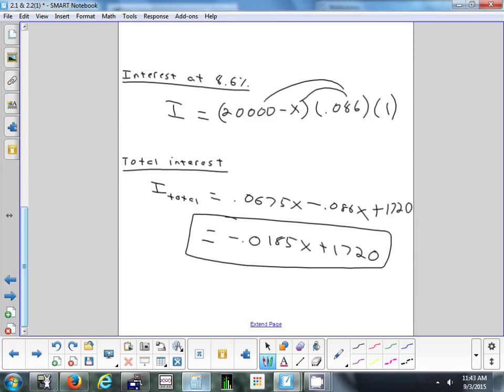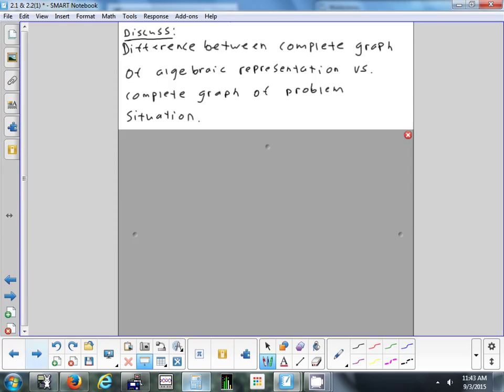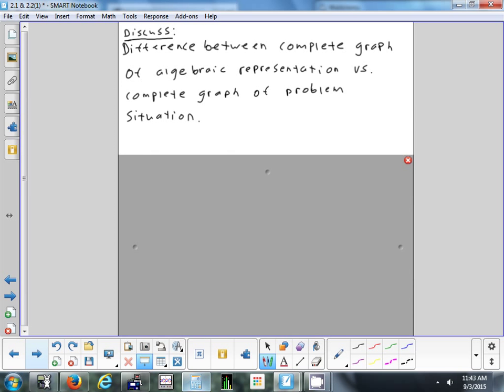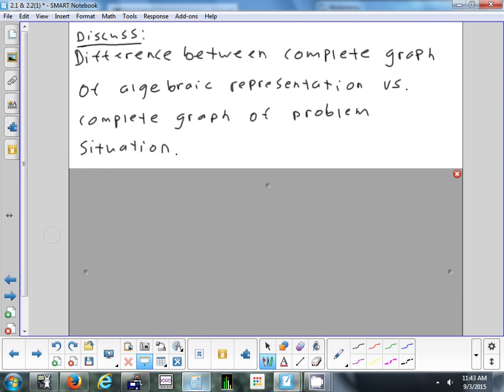Okay, didn't say anything about graphing it yet. I think that's going to be the next part. Yeah, we'll do that in the next part. As we graph this, we want to keep in mind the difference between a complete graph, which is basically you have to see all the different features and characteristics of the graph, versus a window that just shows you what makes sense in your problem.